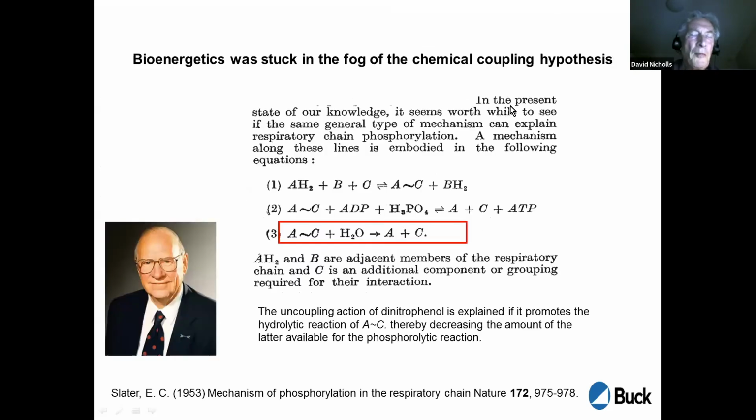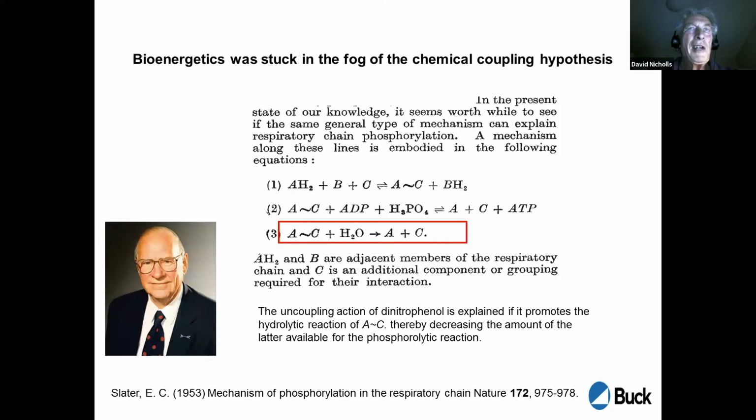The problem was that in the late 60s, early 70s, nobody was talking about Peter Mitchell. Everybody was steeped in what I call the fog of the chemical coupling hypothesis.